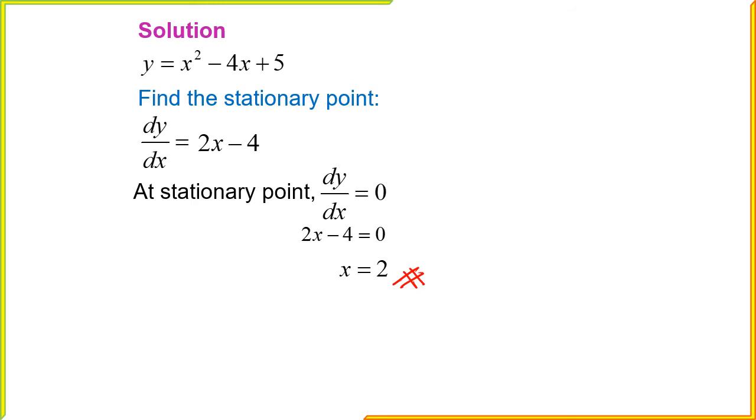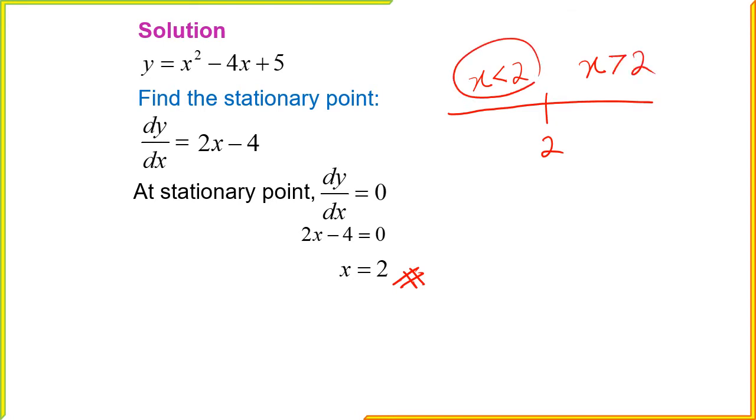Now we need to check the nature of this point. Because x is equal to 2, this x will separate into two regions, this region when x is less than 2, and the other side when x is more than 2. We need to find what is the dy/dx for this area and this area.